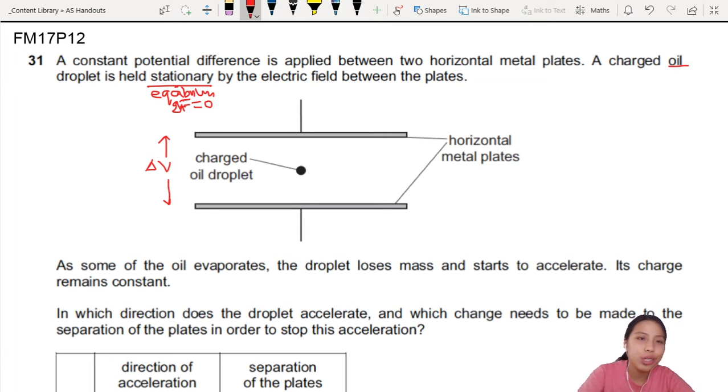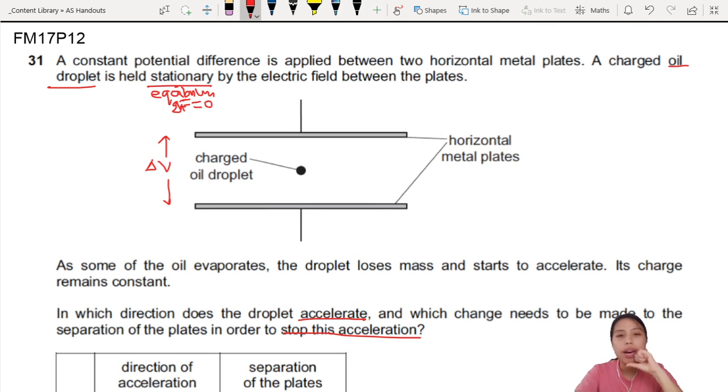And it's talking about oil droplets too, so that makes sense. As some of the oil evaporates, the droplet loses mass and starts to accelerate, but its charge is the same. In which direction does the drop accelerate? And what change do you need to make to the separation of the plates to stop the acceleration?